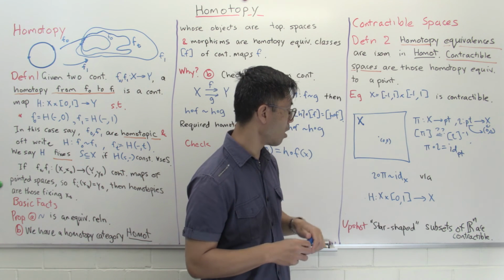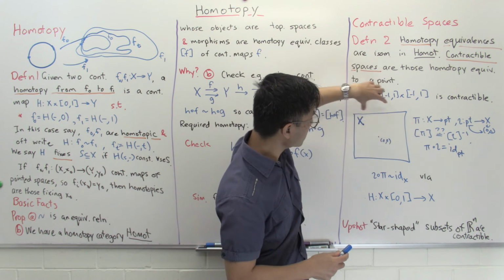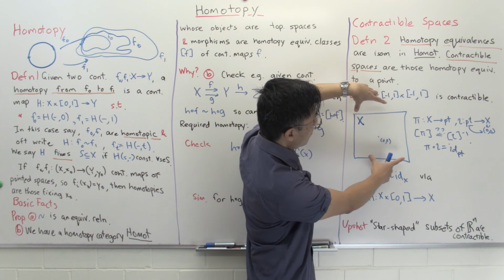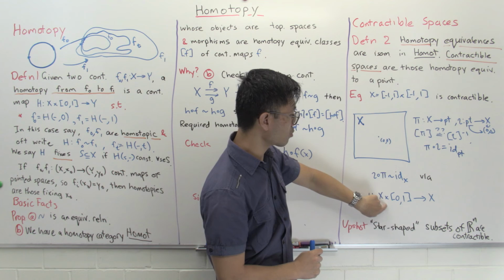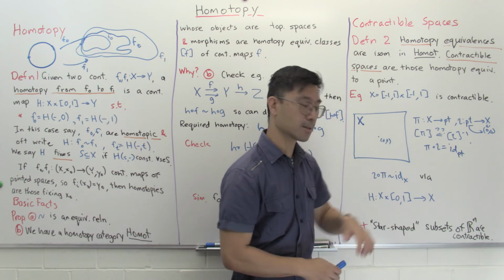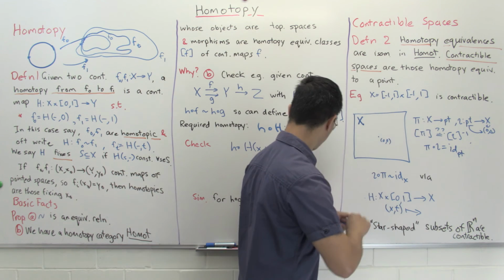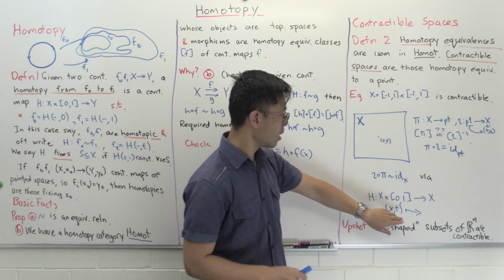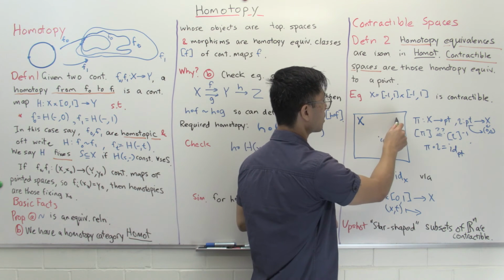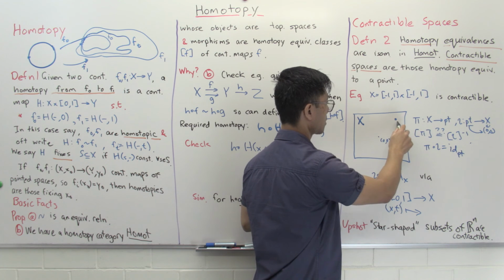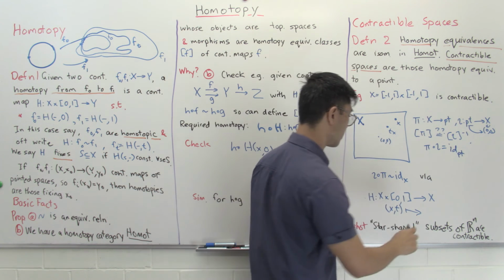Okay, so the homotopy I'm going to give you is going to map, so remember these two are maps from X to X. The first one is the identity on X, the other one is the map from X down to this point here. So we need a continuous map from X cross the unit time interval to X. And all that I need to do here is to map (x, t) to, given any point like this, I'm just going to scale it by a factor of t, which is between 0 and 1.